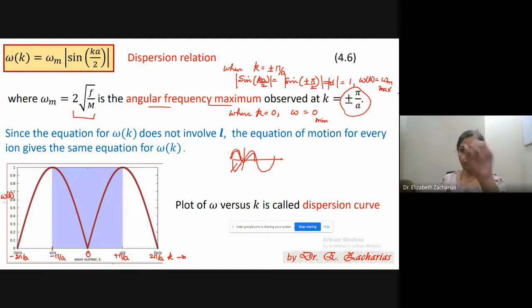If you recall, we did this taking one ion or atom sitting at the nth position.